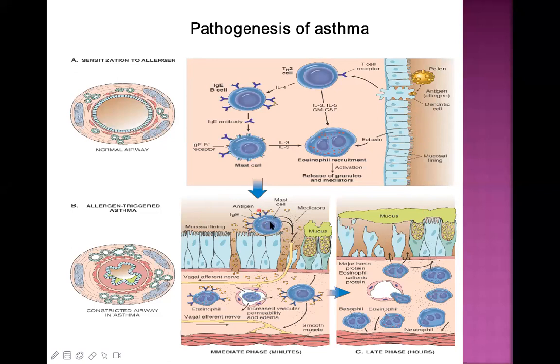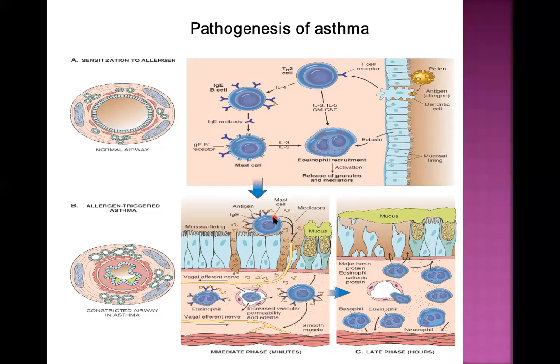That means these mast cells will rupture or degranulate, and the preformed mediators which are already there will come out. Some of the important preformed mediators here are histamine and bradykinin.